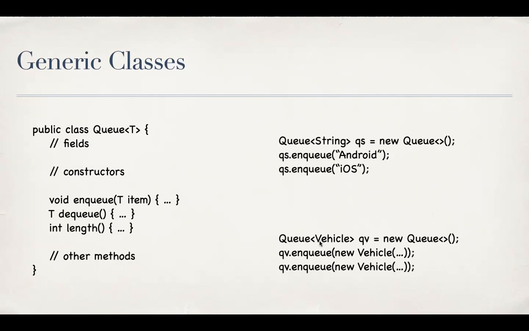Queue of angular bracket Vehicle, some name, then a new Queue, and then you enqueue a new vehicle, and you could of course dequeue and get the value in a vehicle object and so on. Okay. So it's important to know the syntax, because we are going to use a lot of generic classes. I mean, Android uses a lot of generic classes and generic methods.